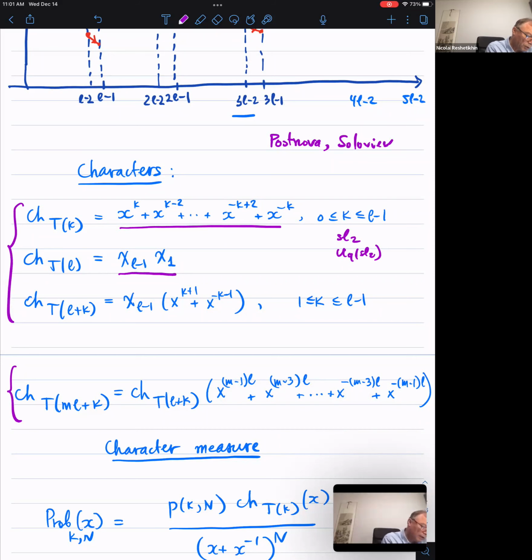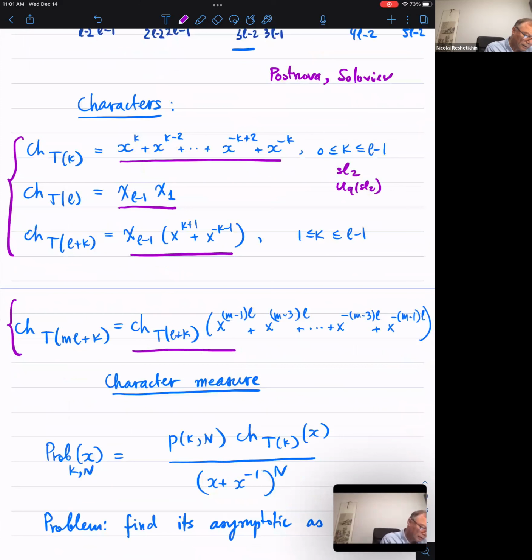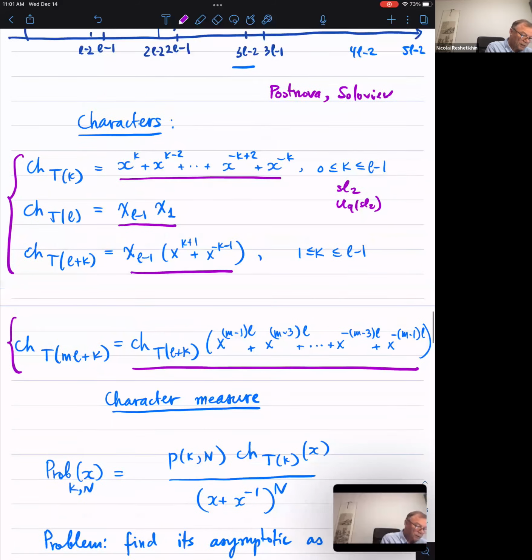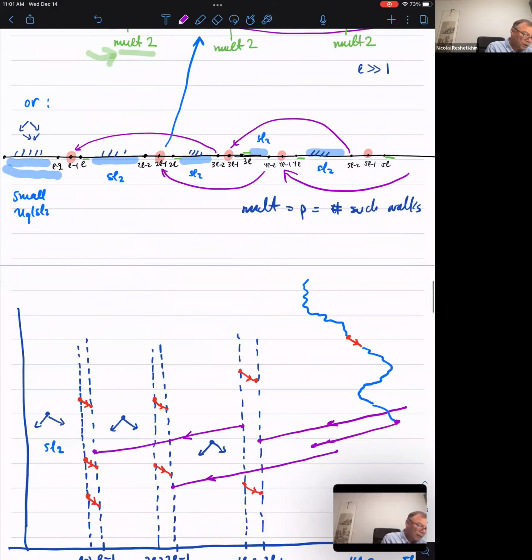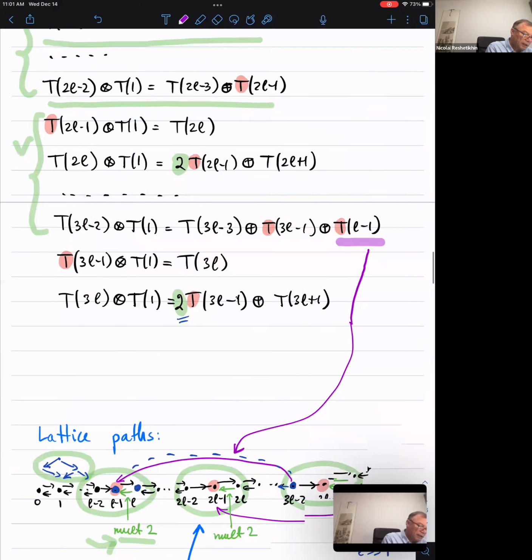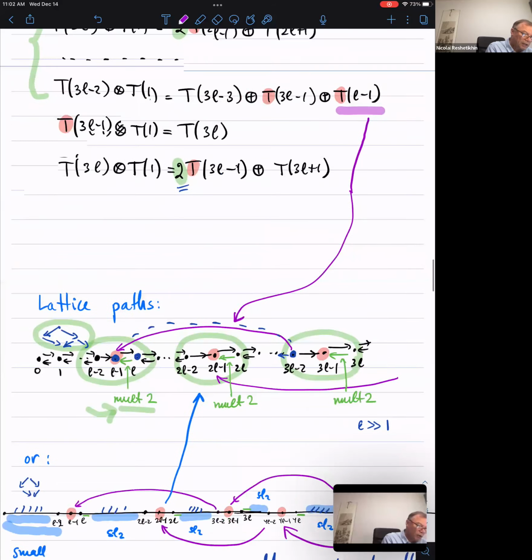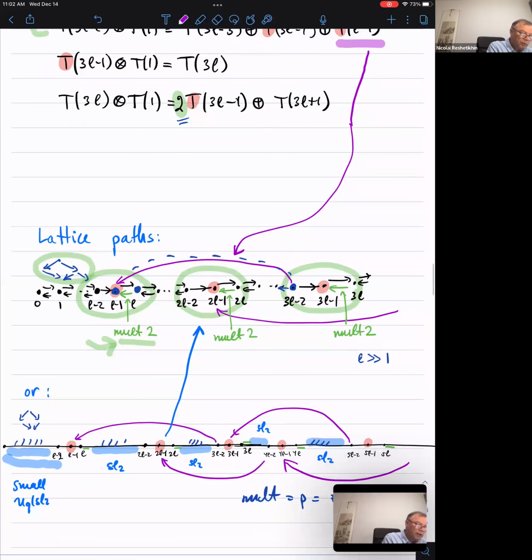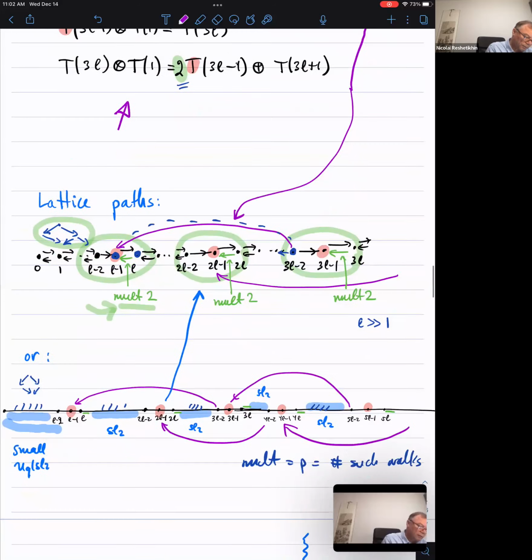And then for the next module, you get this. And then for all of them, you get this formula. So these are formulae for some polynomials. And these polynomials satisfy the same multiplication rule. If you multiply any of these polynomials by x plus x inverse, you will reproduce these branching rules.